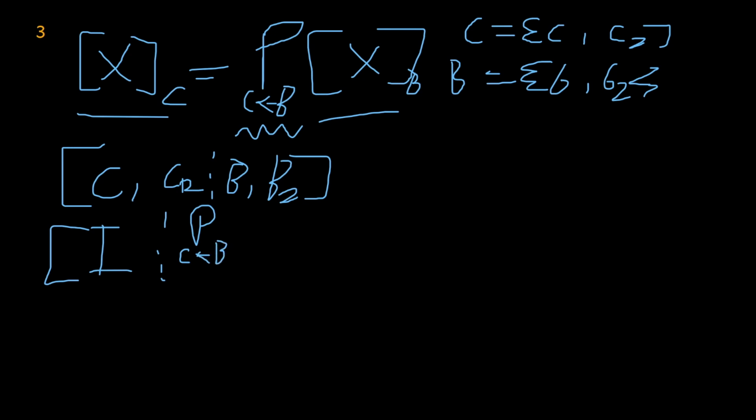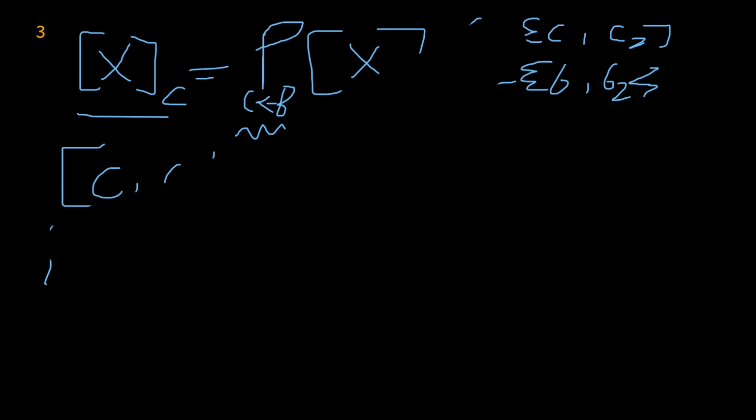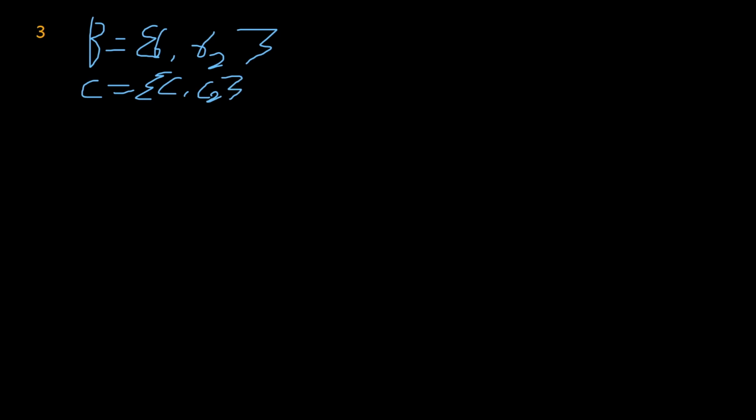We might change these around in our actual problem here. So now that we have a good understanding of what we're doing notation-wise, let's say we have two bases in R2. B equals B1, B2, and C equals C1, C2.